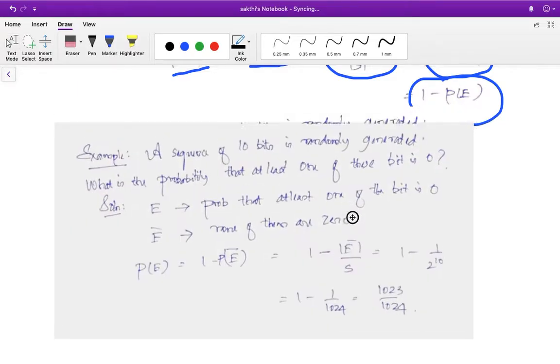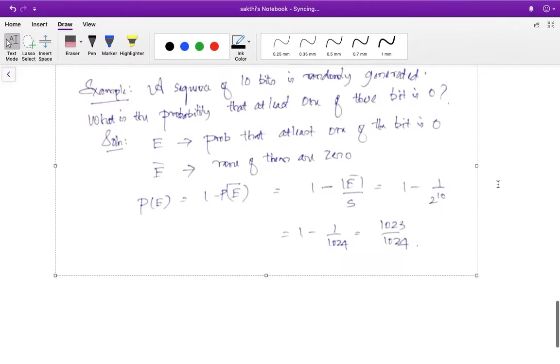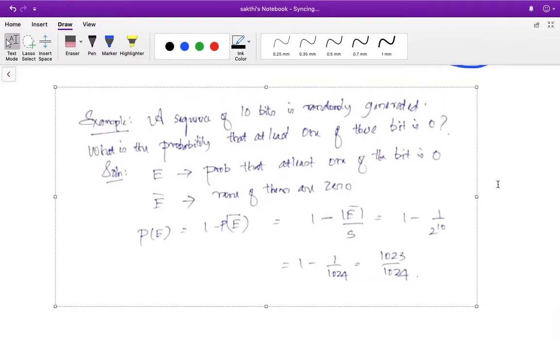Okay, so this is the problem, which says a sequence of 10 bits is randomly generated. What is the probability that at least one of those bits is 0? Okay, so you are selecting 10 bits randomly.